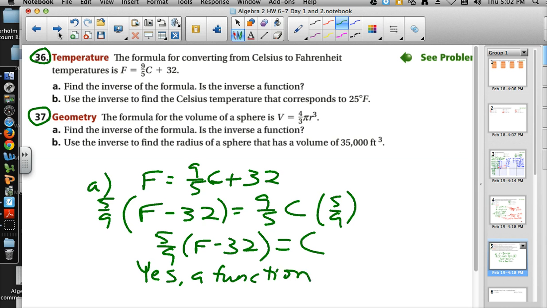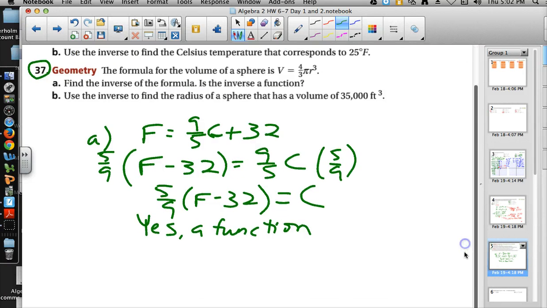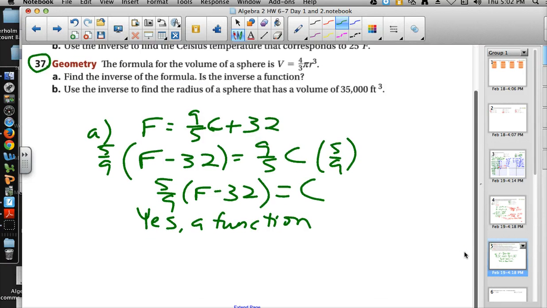All right, B. Use the inverse to find the Celsius temperature that corresponds to 25 degrees Fahrenheit. That's what I wanted to see him do, have us use this for something. So what we're supposed to do is use our little formula with 25 in there to get the Celsius temperature. So let's see what we can do here.